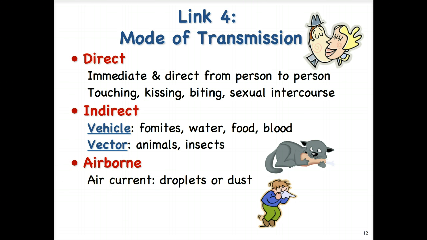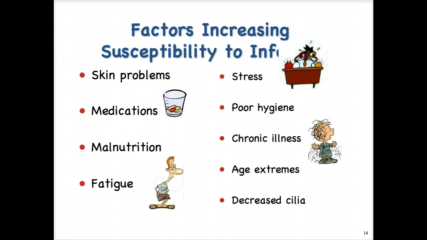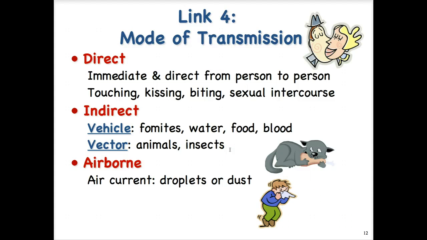Again, the importance from a nursing perspective is you need to know how organisms are spread so that you can take the appropriate action to protect your patient and the hospital community if and when you have a patient that comes in with an infection.